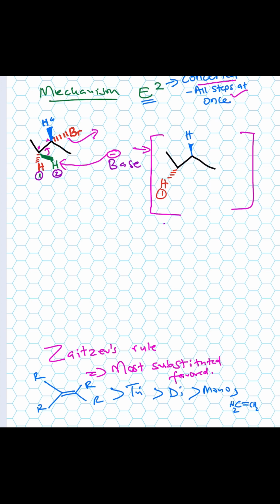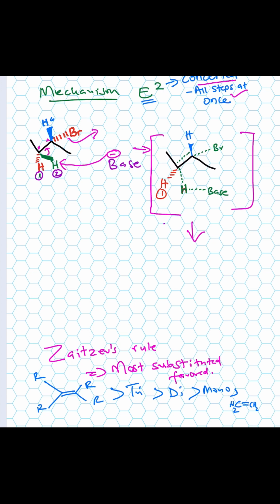But now a bond is starting to form between that hydrogen, let me use the green, and the base, because the base is abstracting that hydrogen. At the same time, the hydrogen-carbon bond is starting to break. At the same time, you're starting to form a double bond. And then at the same time, you're starting to break the leaving group.